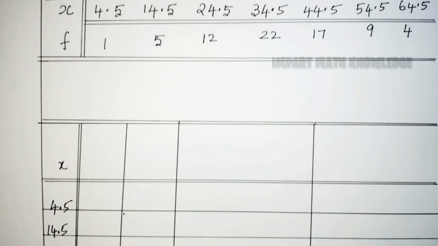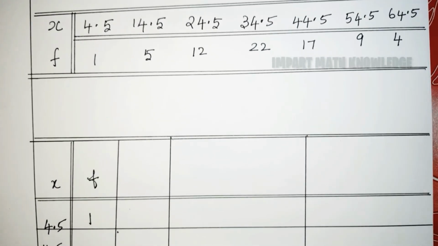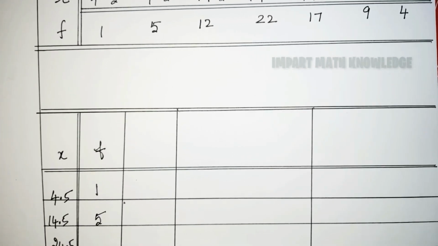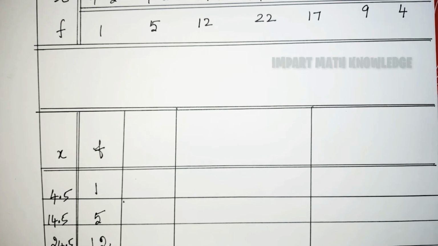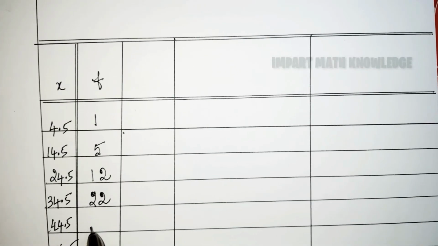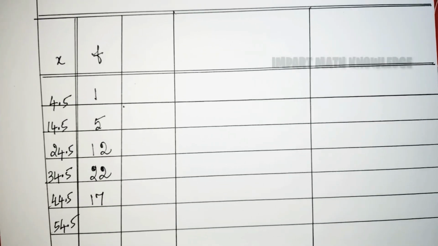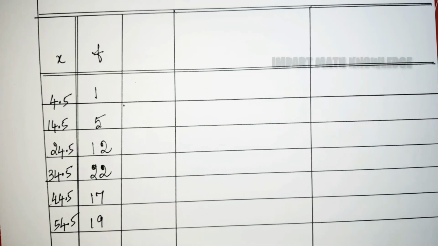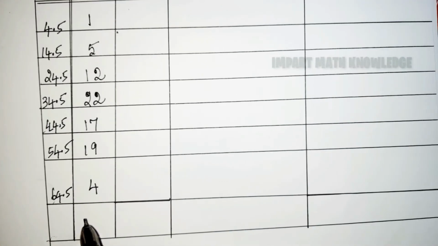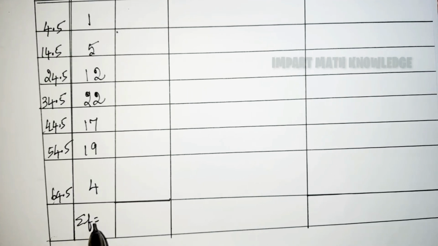Now frequency is 1, 5, 12, 22, 17, 19, 4. Total frequency is 80.